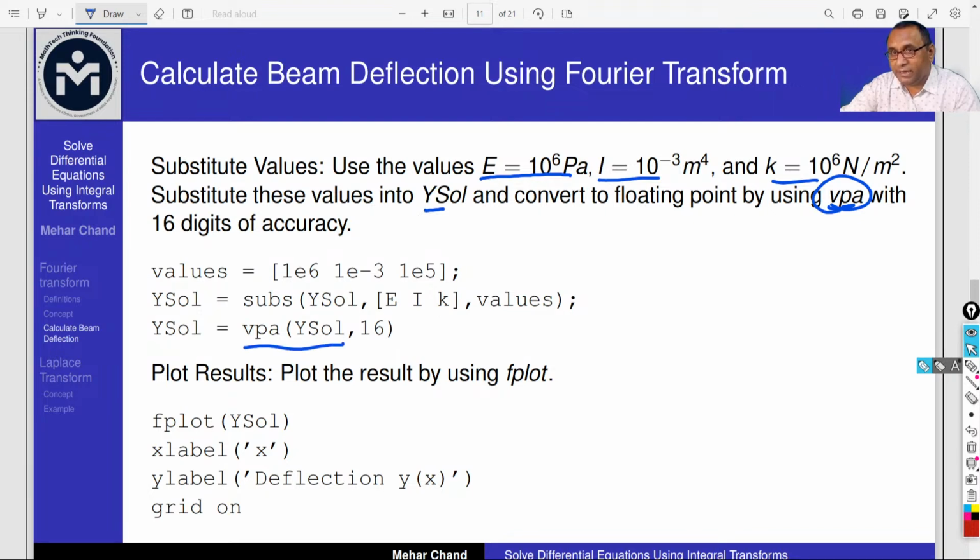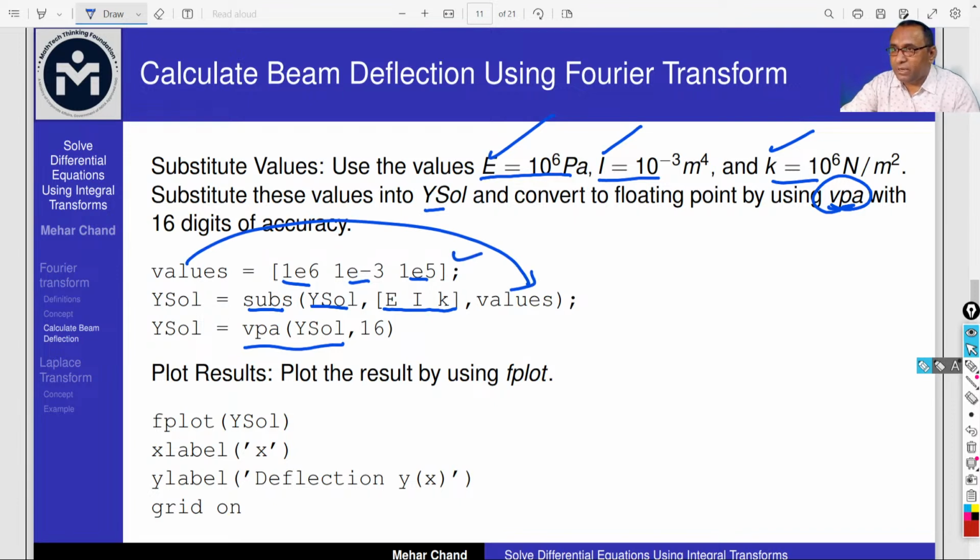I have explained this in detail in the previous sessions. Okay, many times we have the solution, but not in numerical or float format. For that, we have to use VPA. Okay, so these are the values. We have assigned the values for these parameters, as you can see at its place. Then the subs function is there, and we need to pass these values. Okay, so y solution, and these are the parameters E, I, K, and then the values of these.